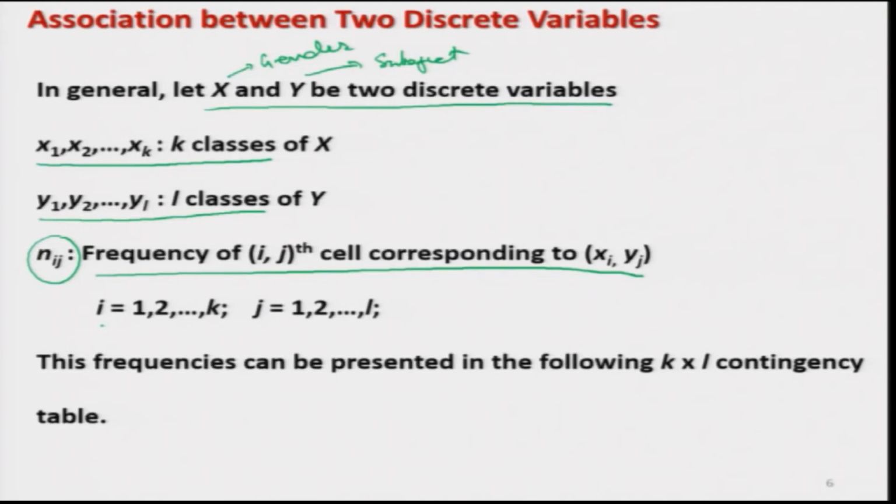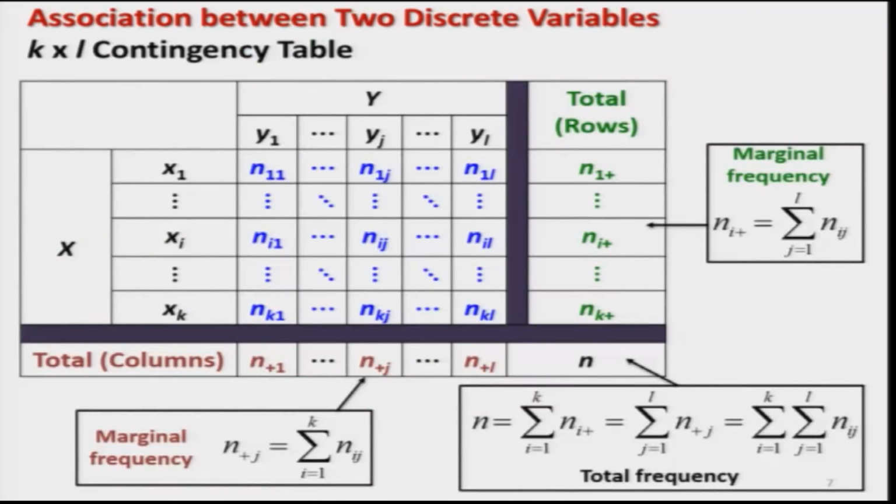Obviously i goes from 1 to k and j goes from 1 to L. Now, in general these frequencies can be represented in a k cross L contingency table, similar to what we have represented in the 2 by 2 contingency table, and this contingency table will look like this. I have used different colors so that you can get an idea.